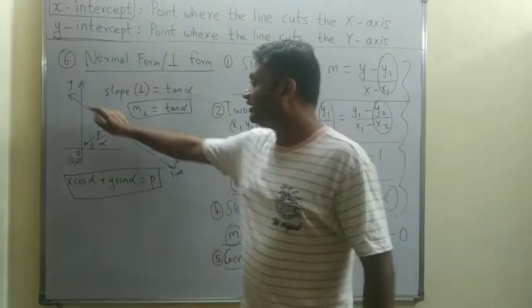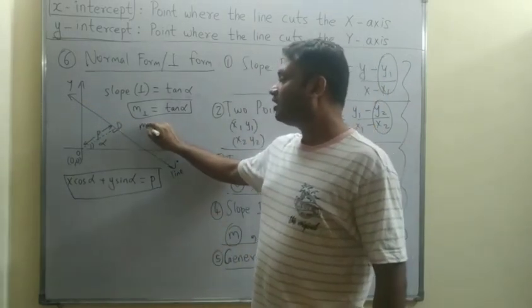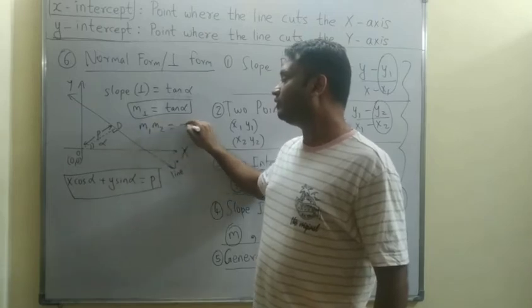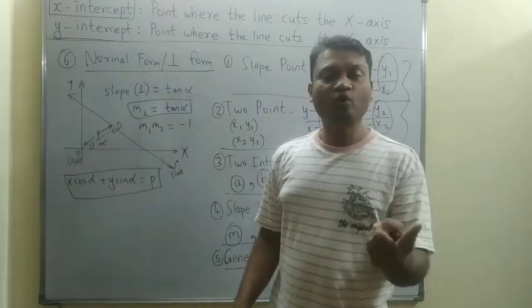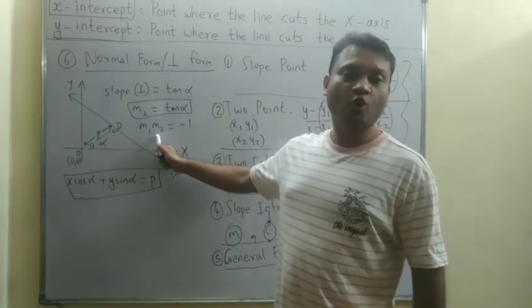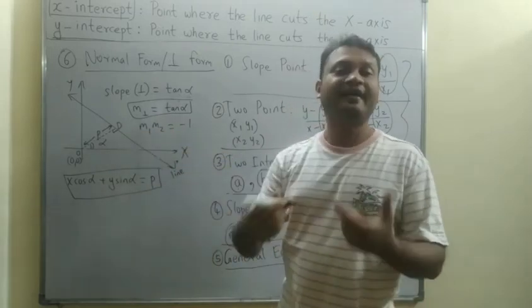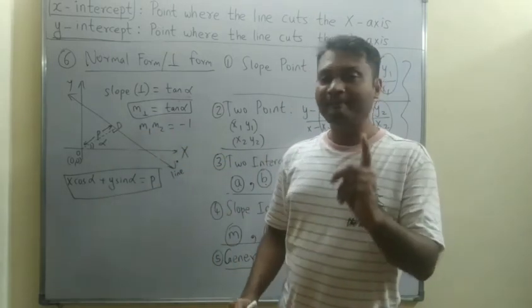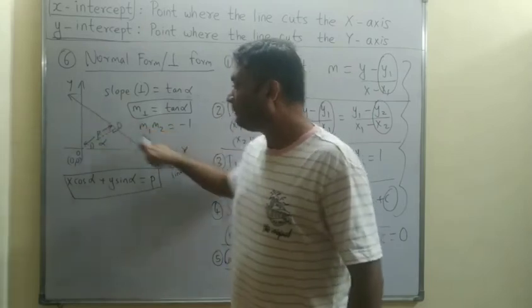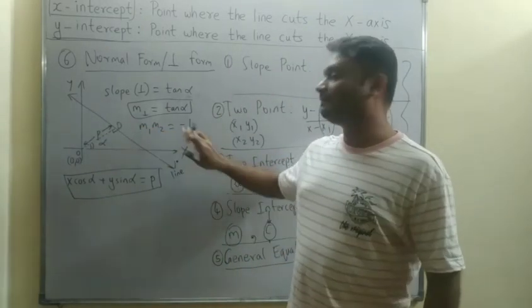Now after this, if I want the equation of this line, I will use the formula m1 m2 is minus 1. If two lines are perpendicular to each other, then the product of their slopes is equal to minus 1. We will prove this result in our next section, but for now remember whenever we have two perpendicular lines, the product of slopes is -1.